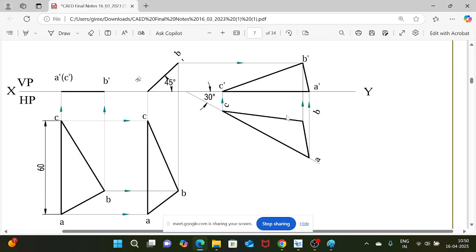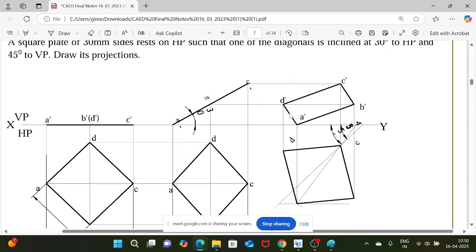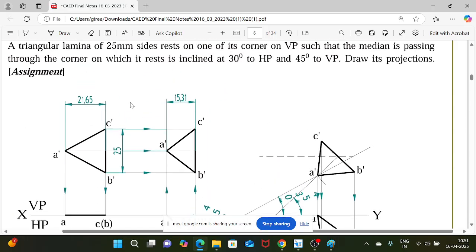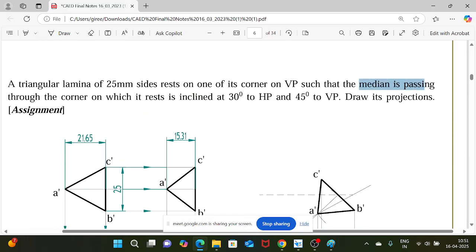Similar to the previous problem, where the angle was given to the diagonal, inclined 30° to HP and 45° to VP, here in the second problem the angle is given to the median. So here, which is your primary reference plane?